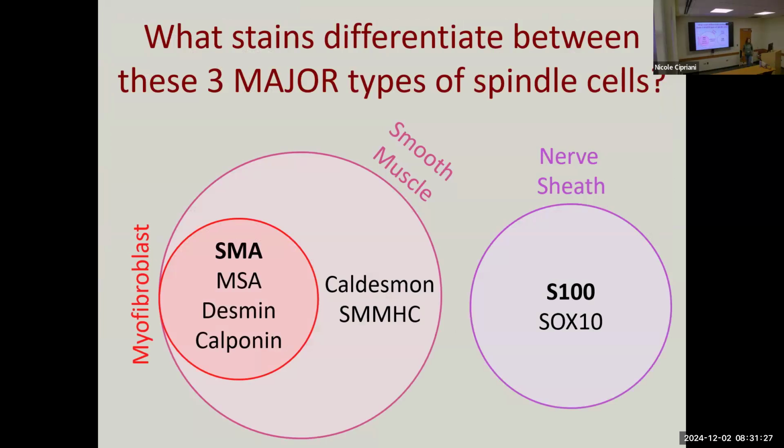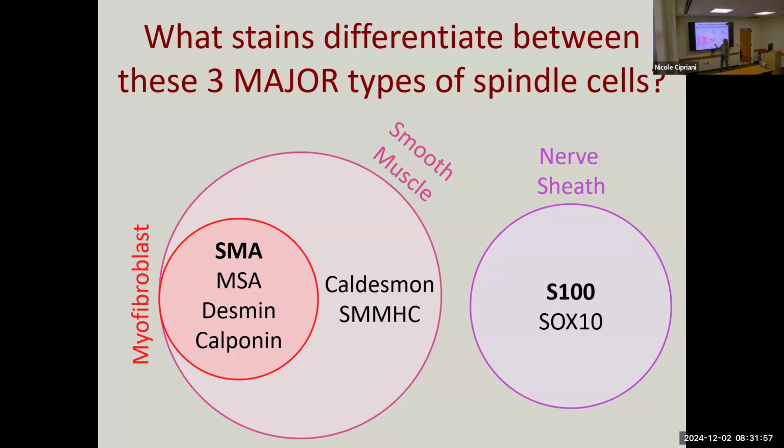In terms of stains that we start with, we might want to start with S100 or SOX10 for nerve sheath. We might want to start with something myogenic, meaning myofibroblast and smooth muscle all stain with SMA, muscle-specific actin, desmin, calponin, whereas only smooth muscle will stain with caldesmon and smooth muscle myosin heavy chain, and myofibroblast will not.